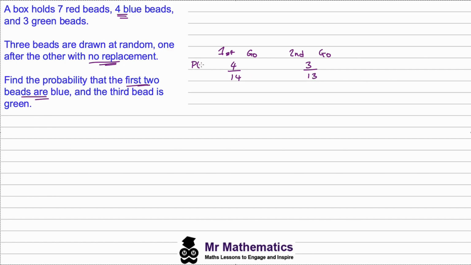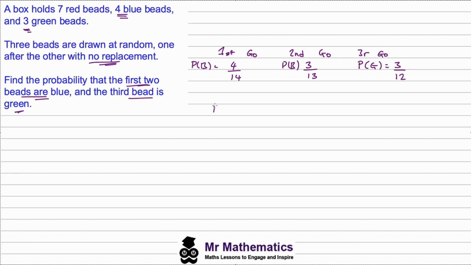So you've got a probability of a blue on the first go, probability of a blue on the second, and then we're told that on the third go, we get a green bead. And at the beginning, there were 3 green beads, and none of them have been taken. So the probability of a green on the third go will be the 3 original, but now there'll be 2 less beads in total, so this will now be over 12.